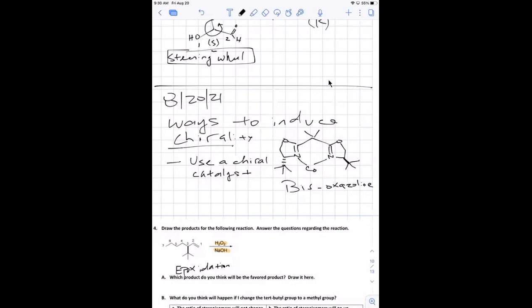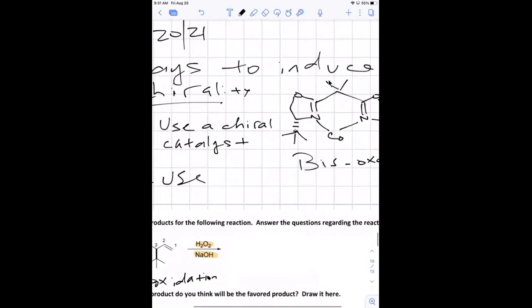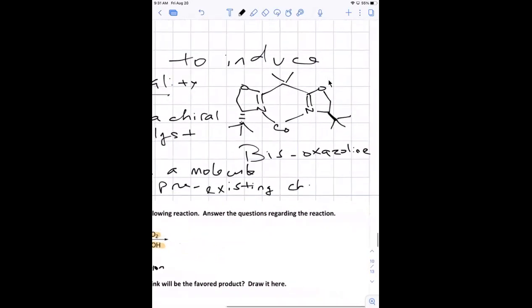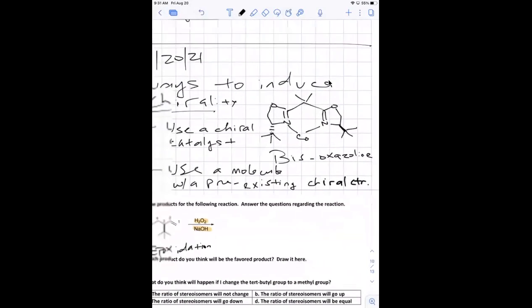The other way to induce chirality is to use a molecule with a pre-existing stereocenter. All right, so pre-existing chiral center. That's the other way to do it.